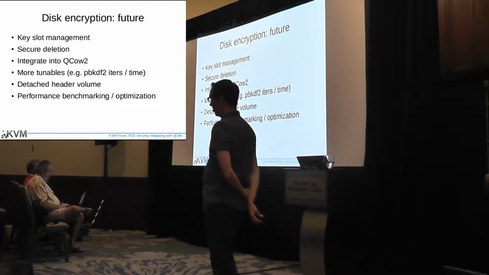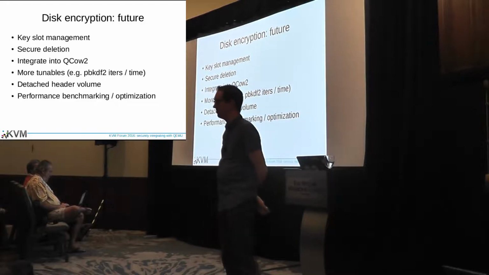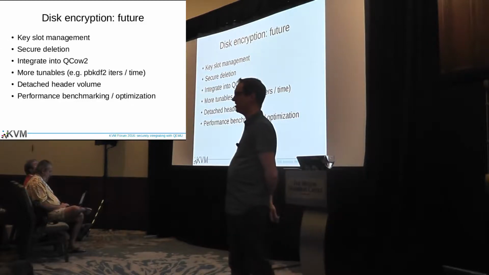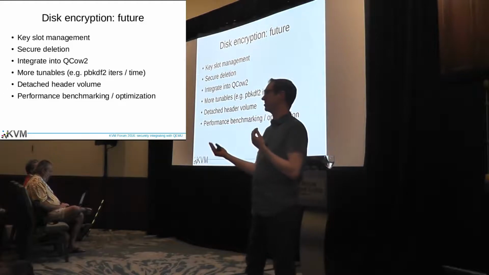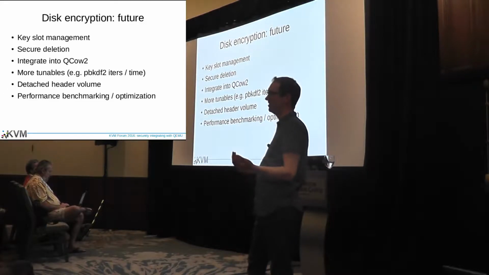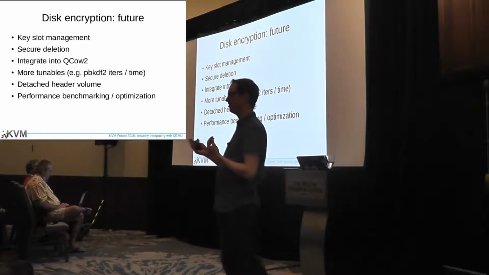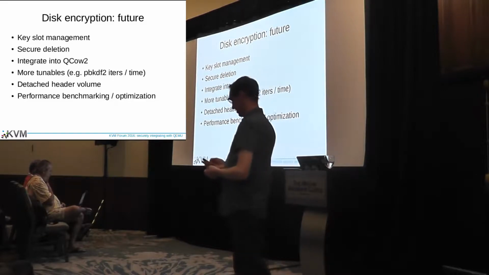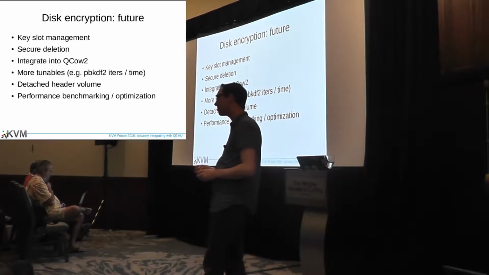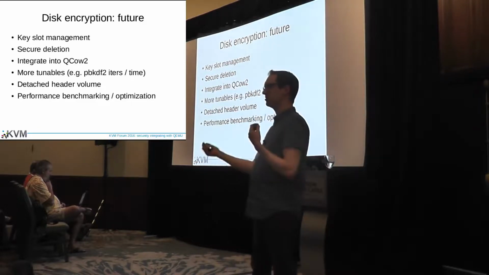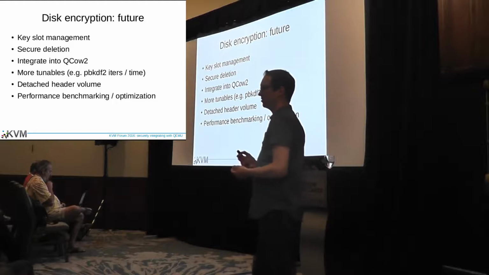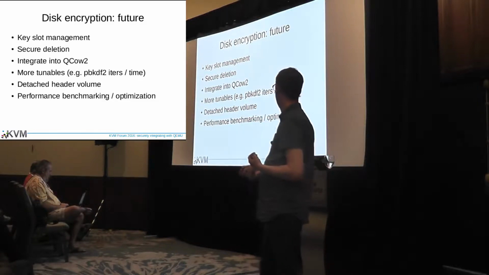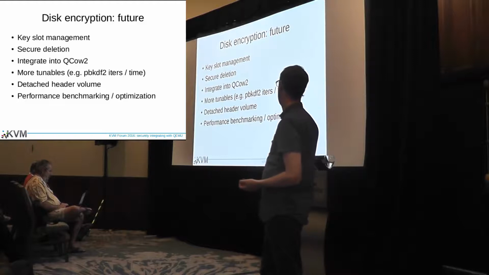There's already a number of tunables when you're formatting LUKS volumes with QEMU. You can set the encryption cipher, the encryption mode, the initialization vector algorithm. But there's a few more things we want to make configurable. In particular, the algorithm that's used for encrypting the master password with the user's passphrase, which is known as PBKDF2.